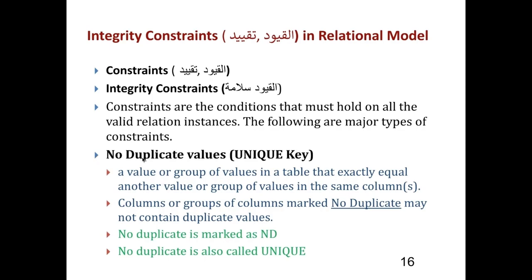The very first constraint is called no duplicate values. If at some column we want to make sure that there are no duplicate values, we declare that column either no duplicate, written as ND, or unique. It means it will not allow any duplicate values.